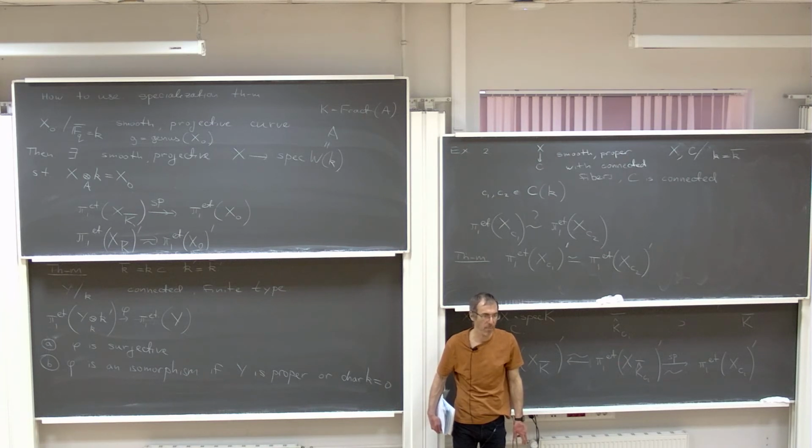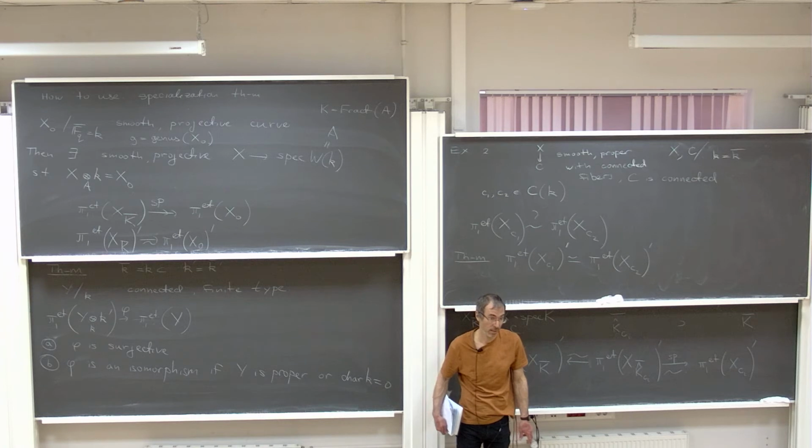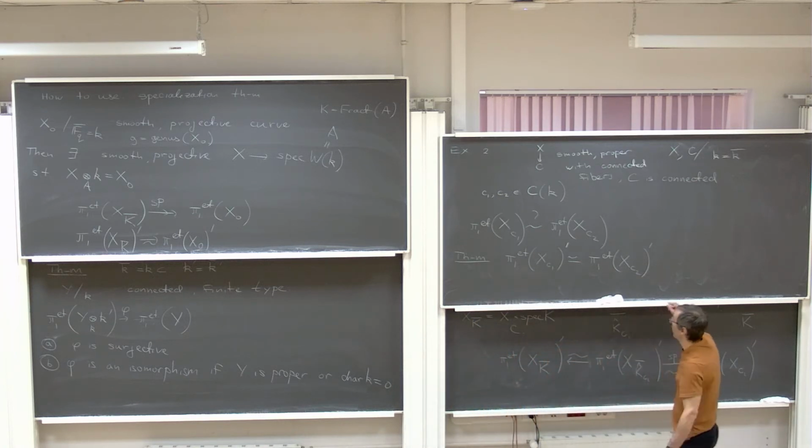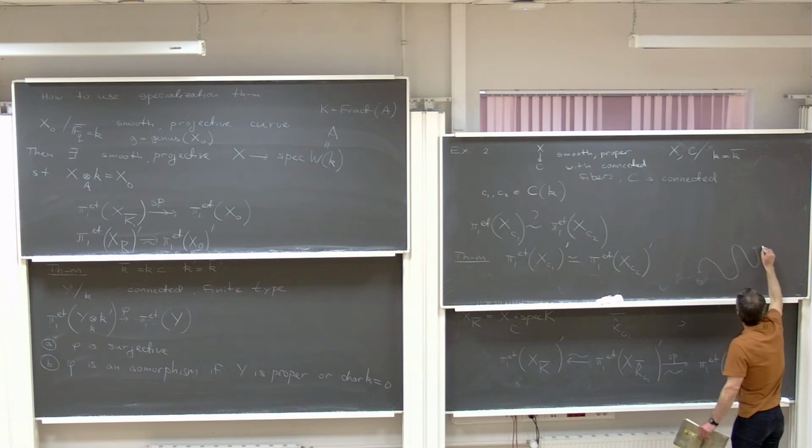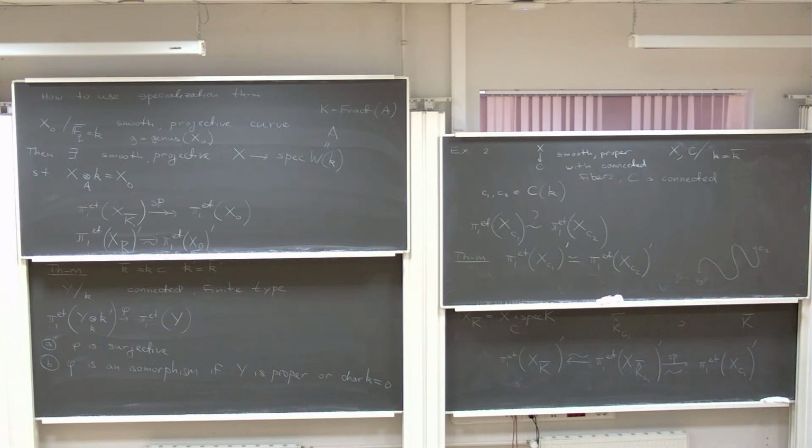An étale path is just an isomorphism of the corresponding fiber functors. As in topology, this isomorphism depends on the choice of homotopy class of paths from C1 to C2. A substitute for this in algebraic geometry is an isomorphism of the corresponding fiber functors.